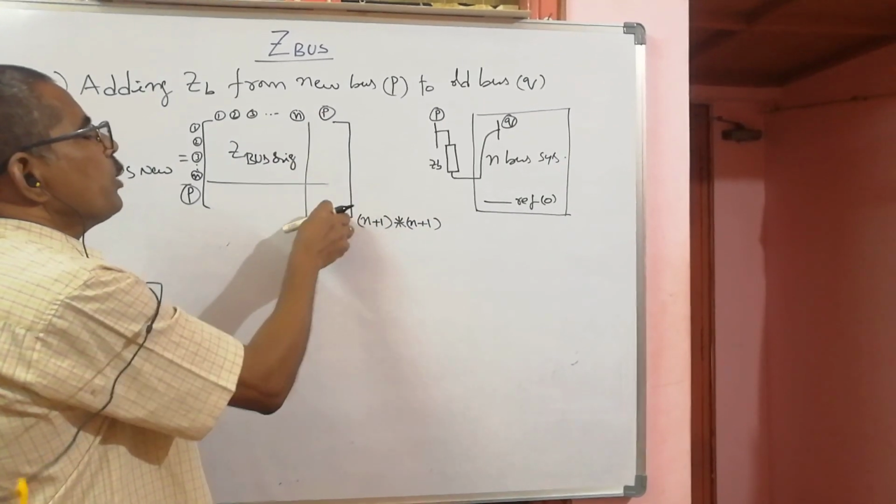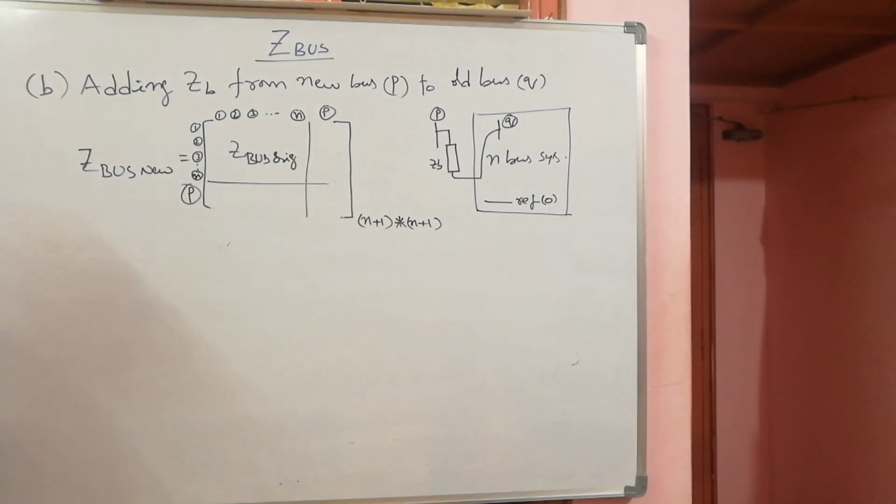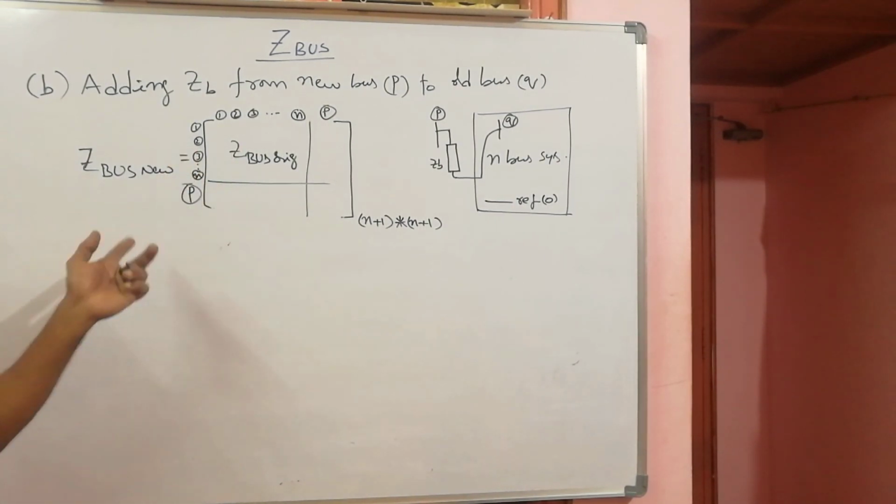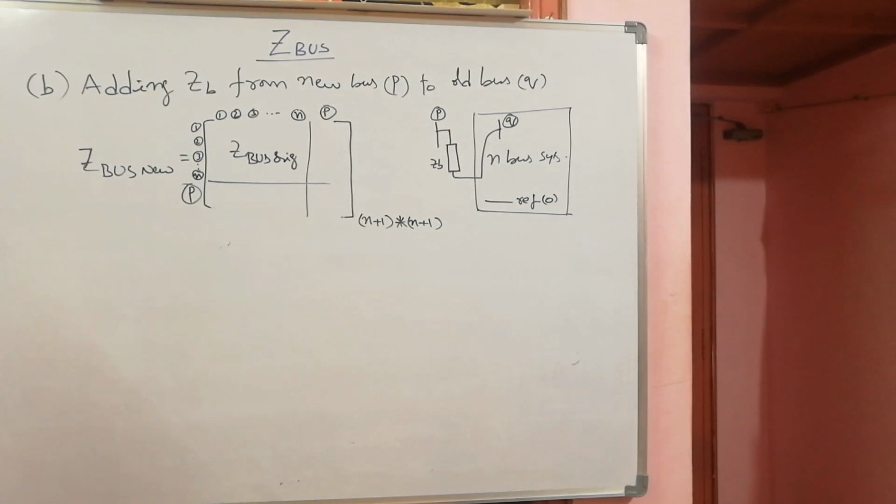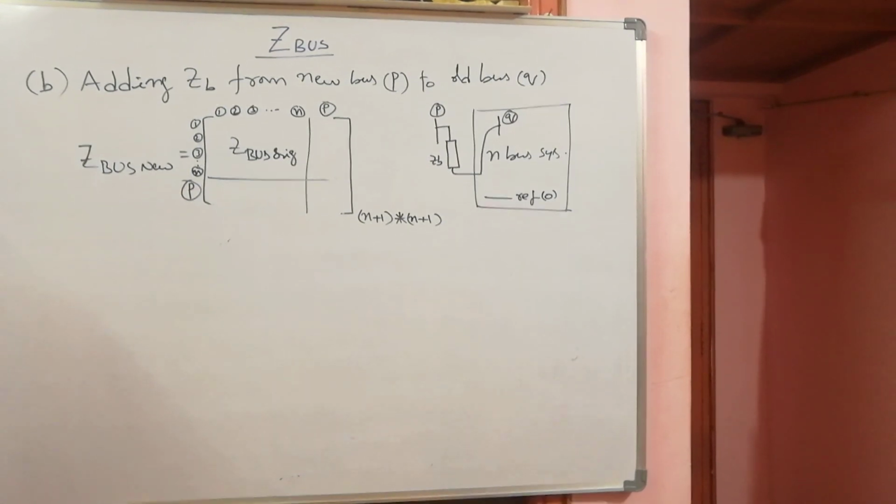Definitely you need to increase a row and a column. Because of symmetry, you can follow the method of symmetry and fill up the other values.